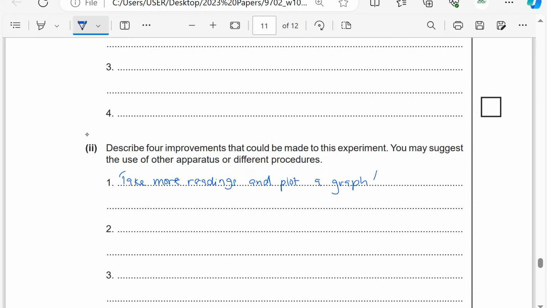Or you would take more readings, obtain more K values and compare them.